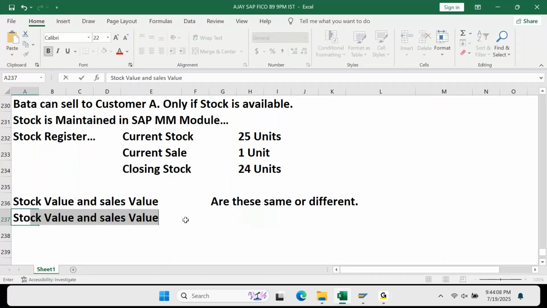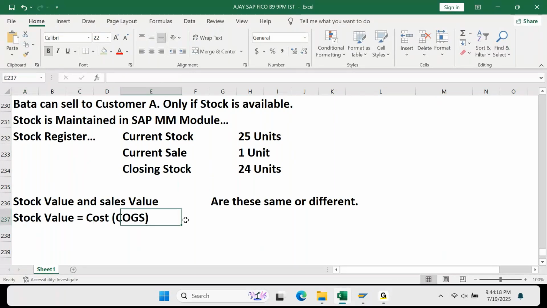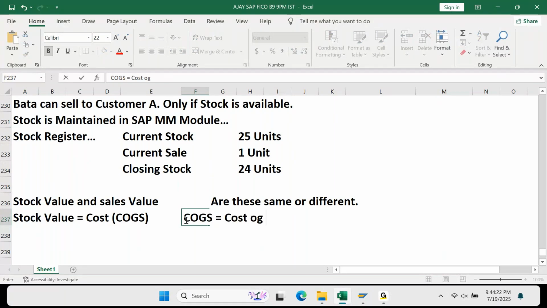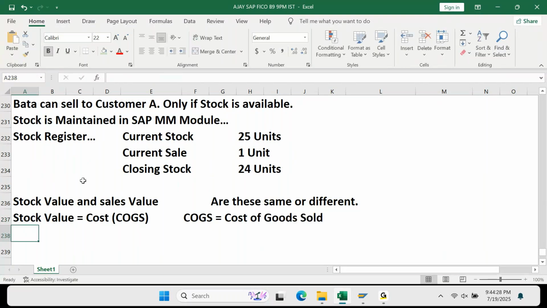Now, stock value is equal to cost, in bracket COGS. Here COGS is equal to cost of goods sold. Is this correct? Minus closing stock.